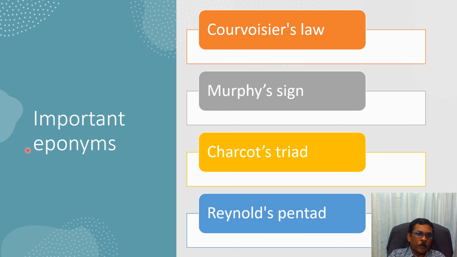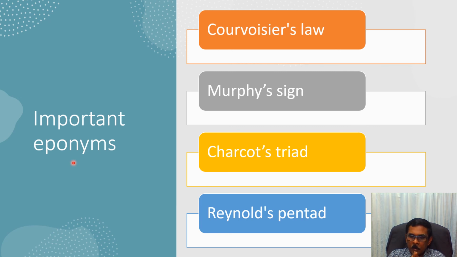We must not forget the 4 important eponyms that are related to obstructive jaundice and diseases of the biliary tract. These are Courvoisier's law, Murphy's sign, Charcot's triad, and Reynolds' pentad. You must know what these eponyms mean and what they suggest as far as the diagnosis is concerned.